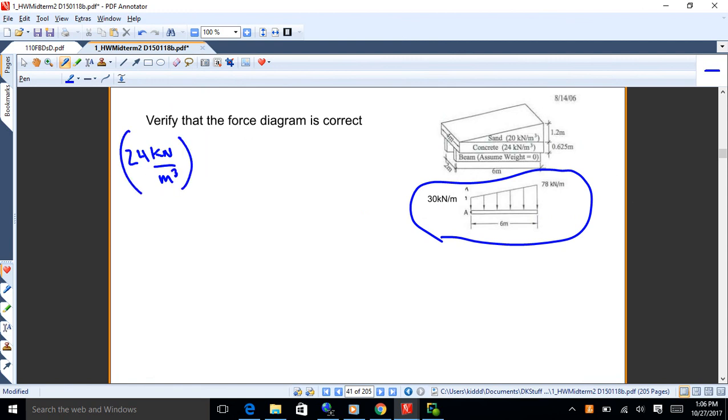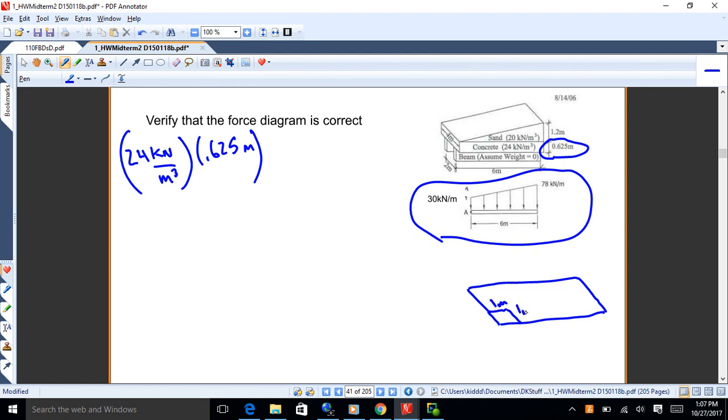That's how much concrete weighs per cubic meter. Now this particular slab is 0.625 meters thick. So if you multiply the unit weight of concrete by that thickness, what you're getting is what 1 meter by 1 meter weighs. You all good with that?